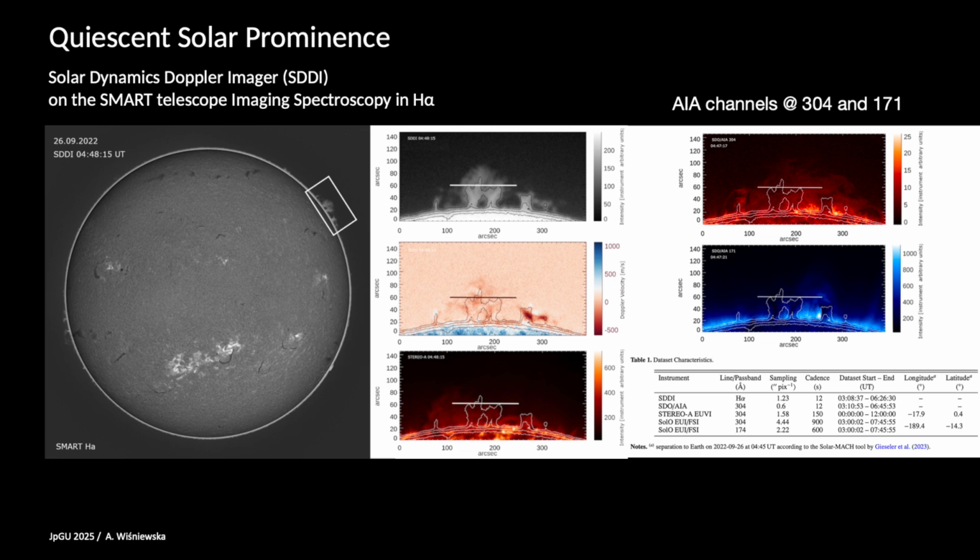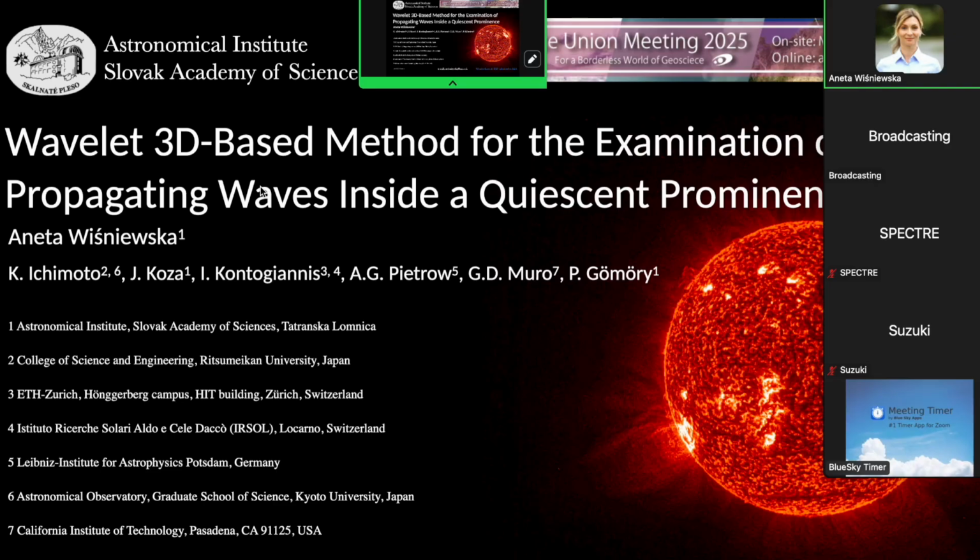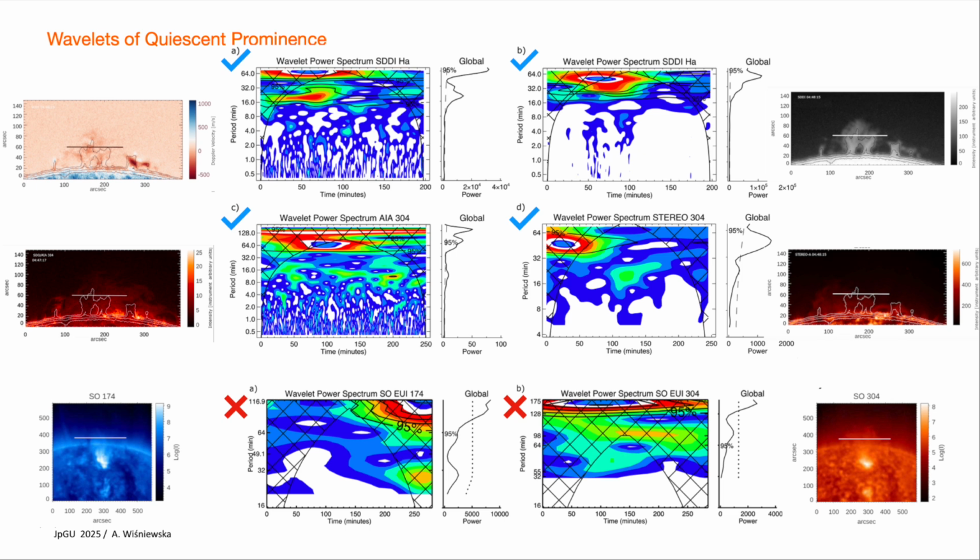So all instruments observed at the same time and in the same wavelength, helium-2 304, but each data set had a different temporal cadence, and as we will see later, it was quite important. We calculated the 3D wavelet, but first we used a 1D slit wavelet approach and found that some signals lay outside the wavelet's cone of influence.